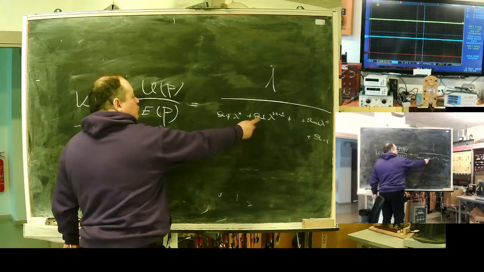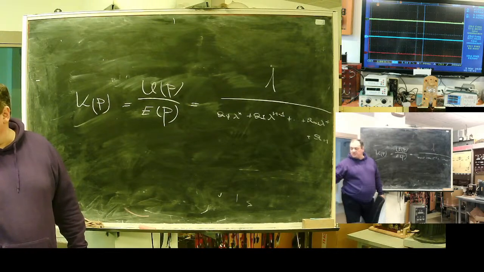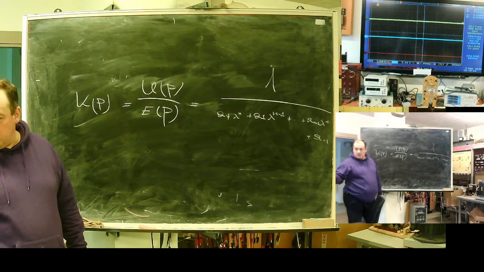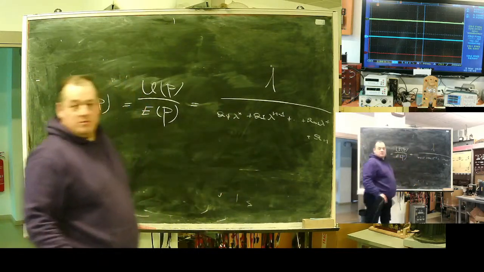What happens if I put a root here? The denominator will become 0. When the denominator becomes 0, this ratio becomes infinity.